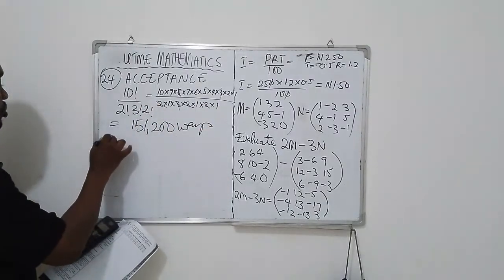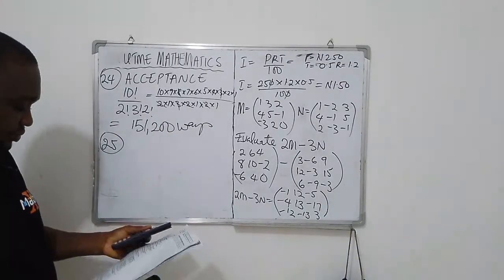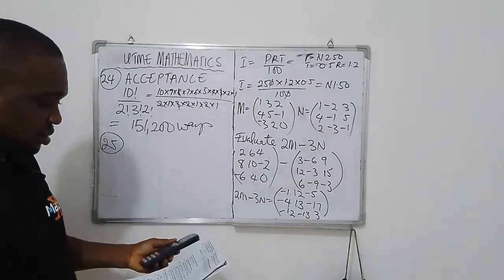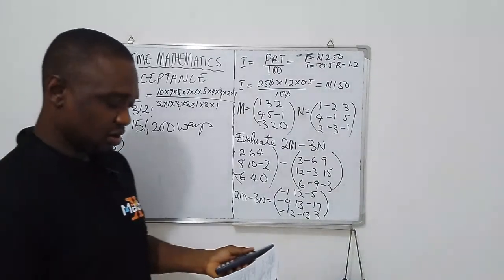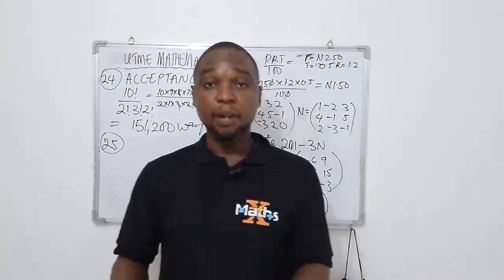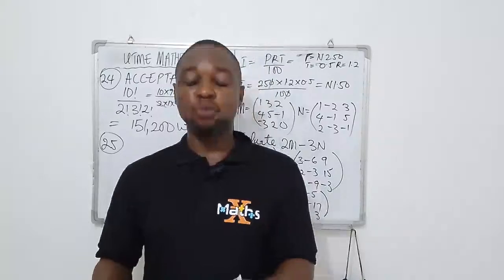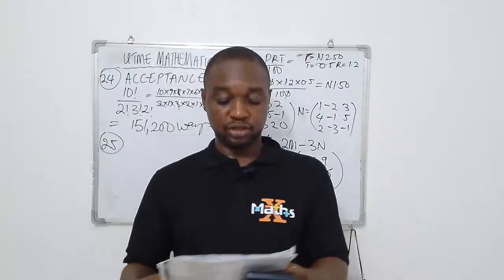Let's look at 25. Number 25 says the probability of picking the letter T from the word obstruction.